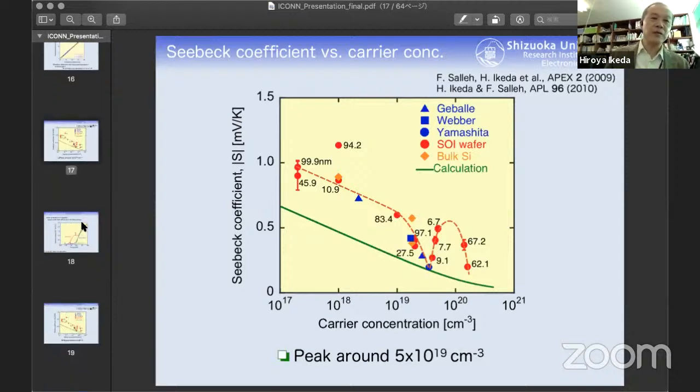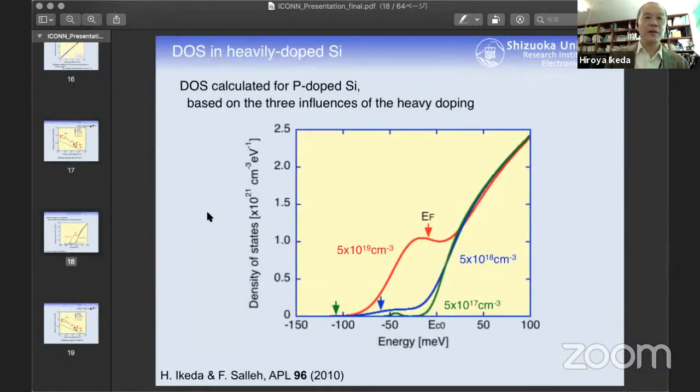Now we have concluded the origin of this peak is the influence of the impurity band by heavily doped silicon.